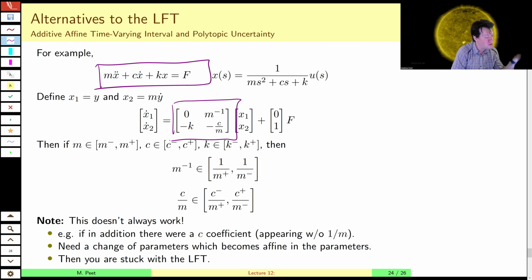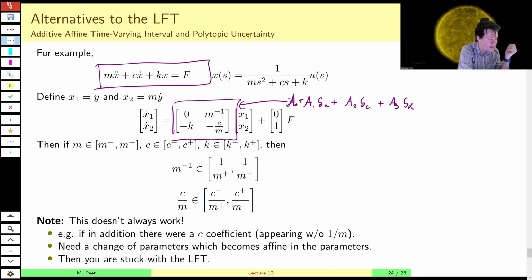And first of all, you look at this and there's no way you think that this can be represented as A1 delta M plus A naught, don't forget the nominal one, plus A2 delta C and A3 delta K. Because there's M inverse here, and there's M inverse here, and it multiplies C, so there's no way that we can represent this A matrix in this additive linear form.